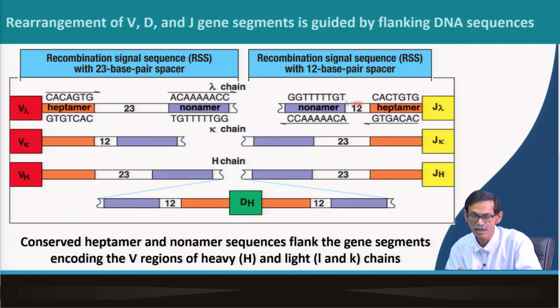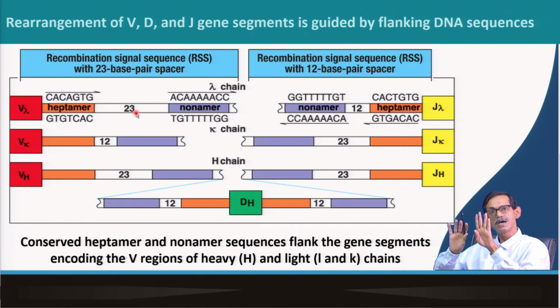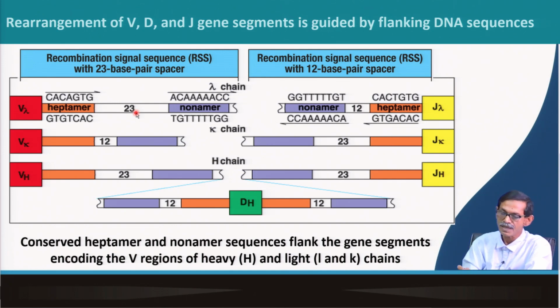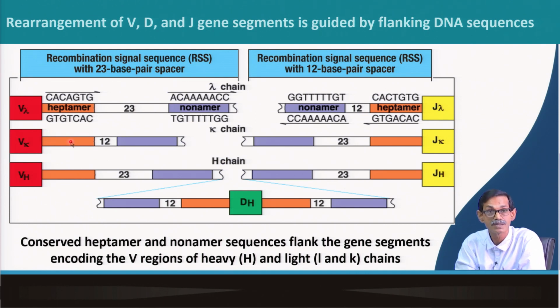So, if I say 12 and 23 is the spacer between heptamer and nonamer, that is going to take a big role in recombination. So, now if you see in the same way the variable region of kappa chain, we have a heptamer, but there is a 12 base pair spacer, then a nonamer.